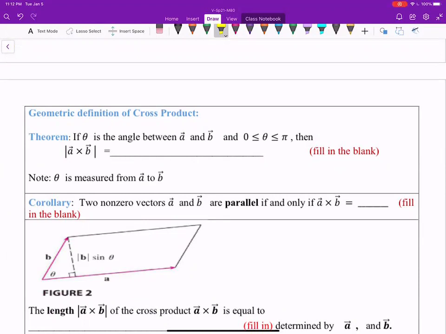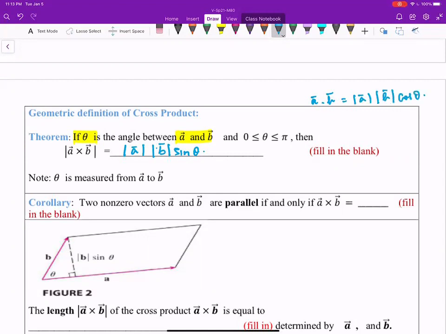What is the geometric definition of cross product? If theta is the angle between A and B, where theta lies between 0 and pi, then the length of the vector A cross B is length of A times length of B times sine of the angle between the two vectors, where theta is measured from A to B. Earlier, when we did dot product, we said A dot B is length of A times length of B times cosine of the angle between the two.